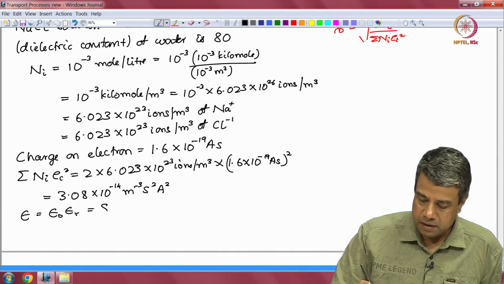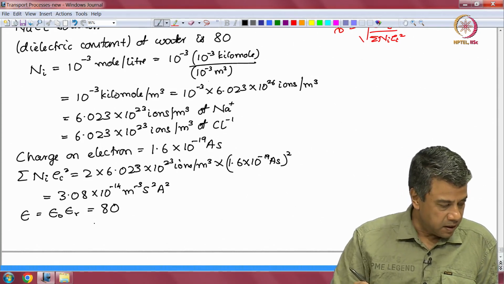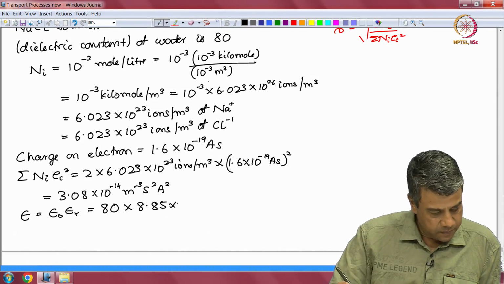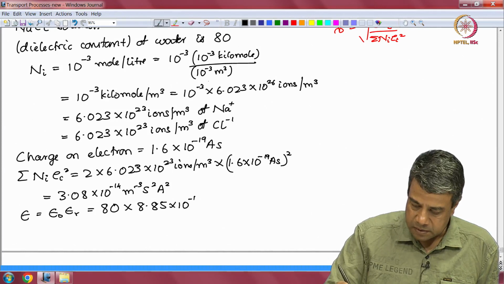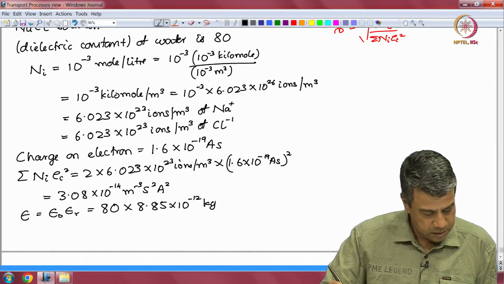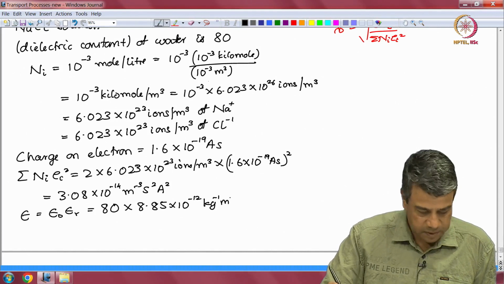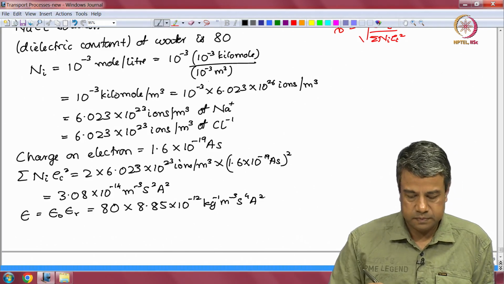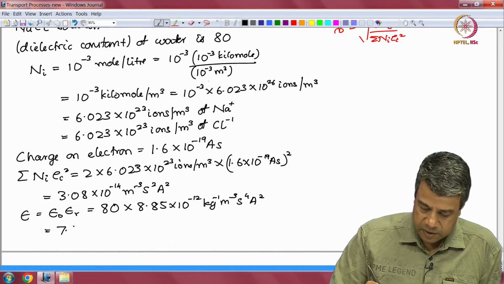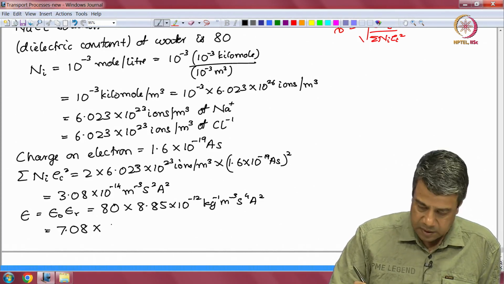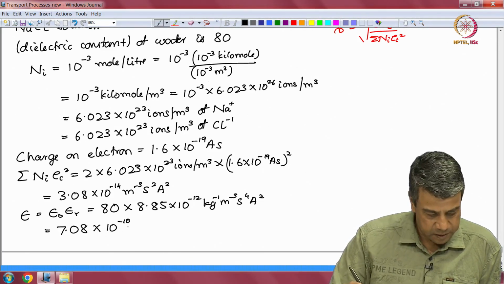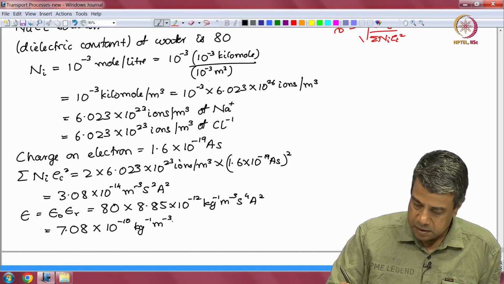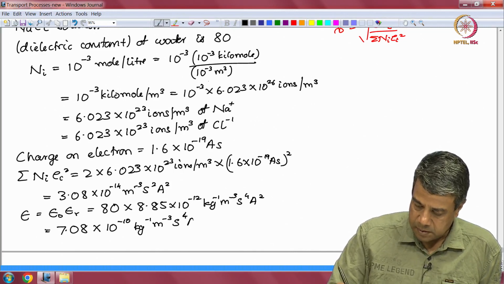Relative permittivity is 80 for water and epsilon naught is 8.85 into 10 power minus 12 kg inverse meters per minus 3 second power 4 A square. So this is equal to 7.08 into 10 power minus 10 kg inverse meter per minus 3 second power 4 ampere square.